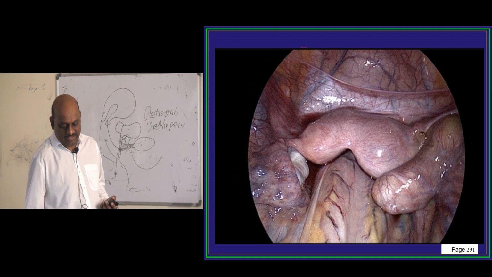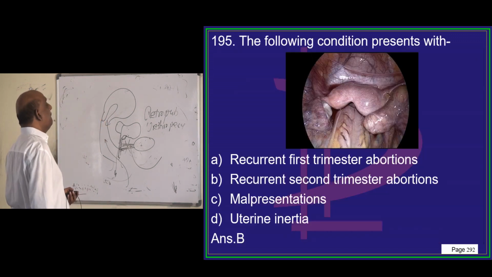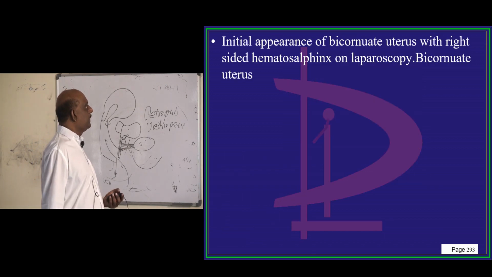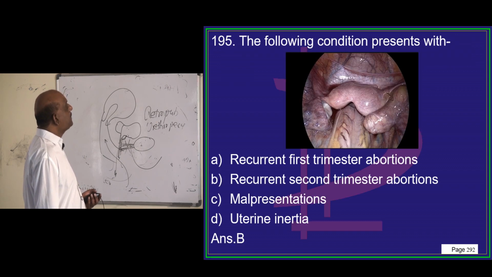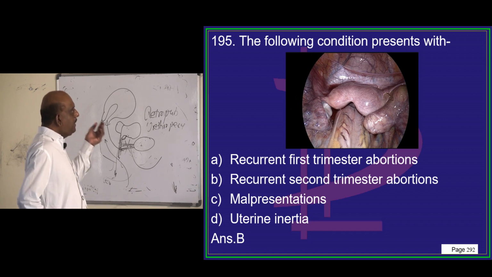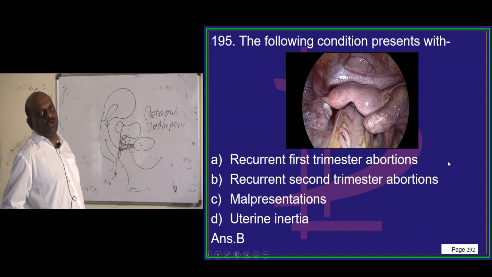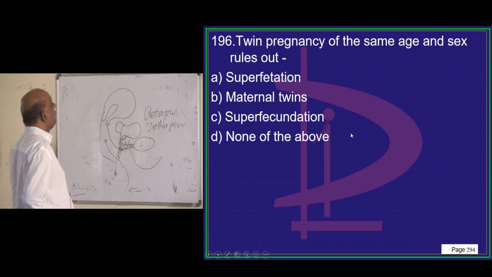Very good. So, Sara Kadri, absolutely right. Bicornuate uterus, doctor. In this bicornuate uterus, there is also a right-sided hematosalpinx, and bicornuate uterus presents with recurrent second trimester abortions is what you have to basically remember.